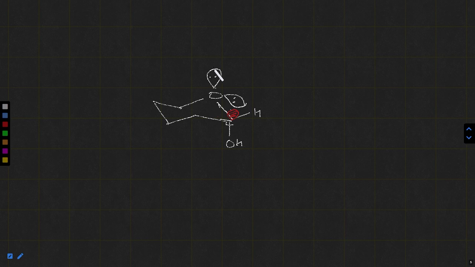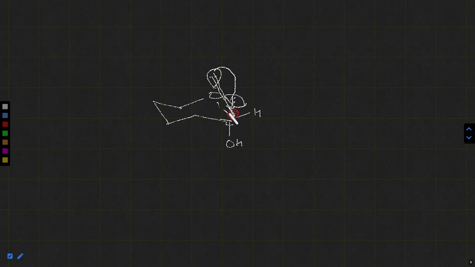This O here, which has the lone pair, will donate its electron density to this anti-bonding. Okay, they will do interaction. So this interaction stabilizes the structure. So this is called anomeric effect. We will see more about anomeric effect later on.